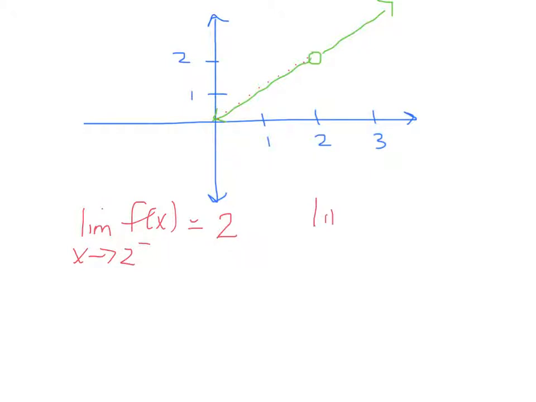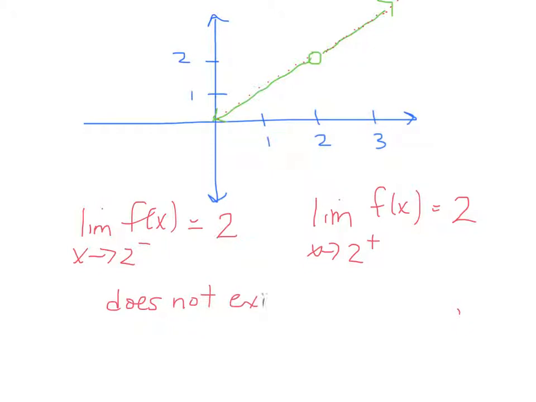I'm going to take a look at this same limit as x approaches 2, this time from the right-hand side. So again, I'm going to start far out in the graph to the right of 2, and as my x values get closer and closer to 2, I'm going to see what happens to my y values, and I notice that they also get near 2. Now this particular function does not exist at 2. There is no function value at f of 2. There's a hole there.